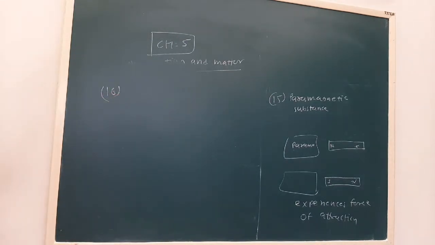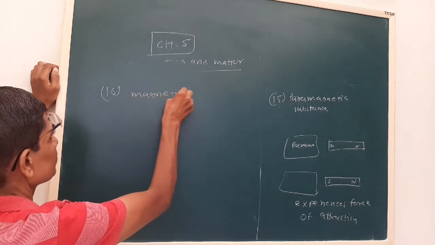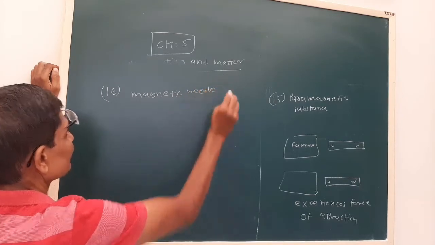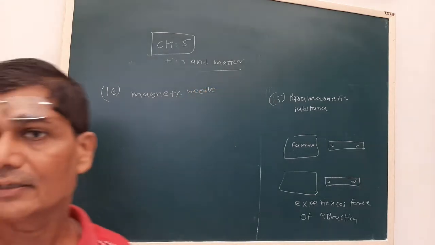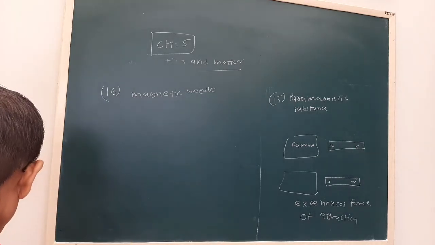A magnetic needle is kept on the horizontal surface in the Earth's magnetic field. Now see, a magnetic needle when kept in the magnetic field of the Earth will oscillate. Now see the question part.